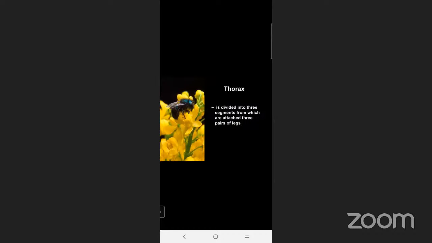When we come to the thorax region, that is where we find the attachment of the 3 pairs of legs. Usually, all insects have 3 pairs of legs.